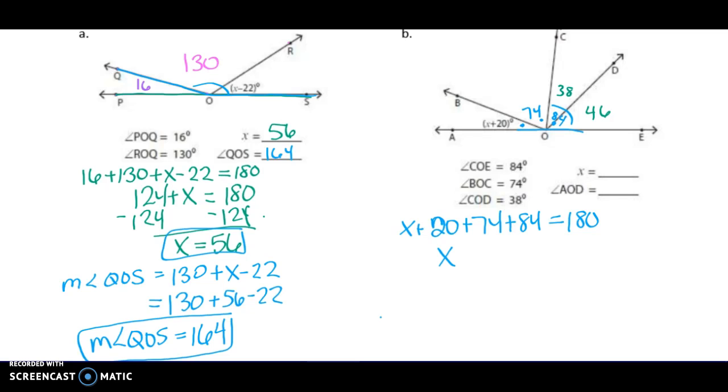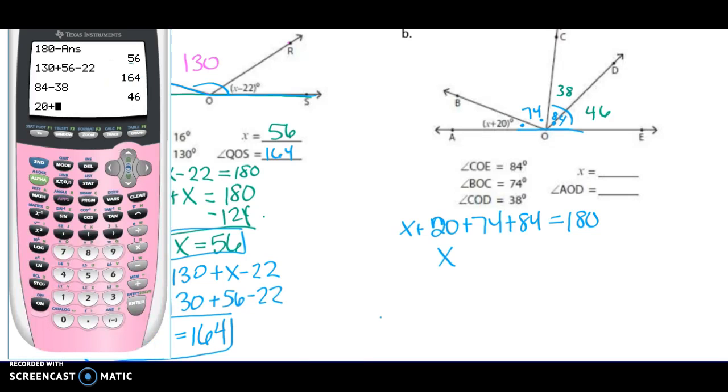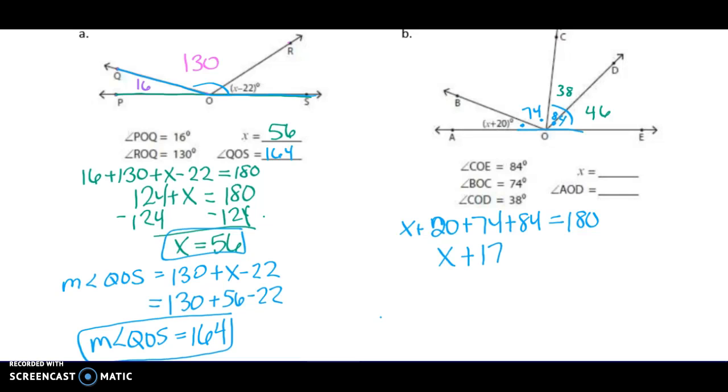Combining like terms, I need to know 20 plus 74 plus 84. And I get 178. Now to solve for X, I need to do the opposite of adding 178 and subtract it. So that means X is equal to 2.